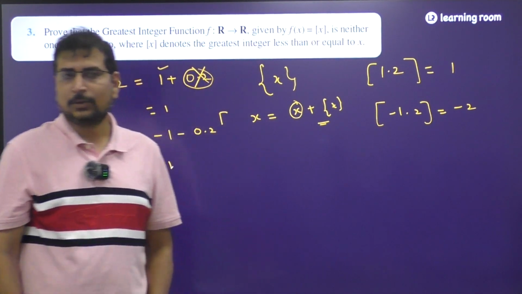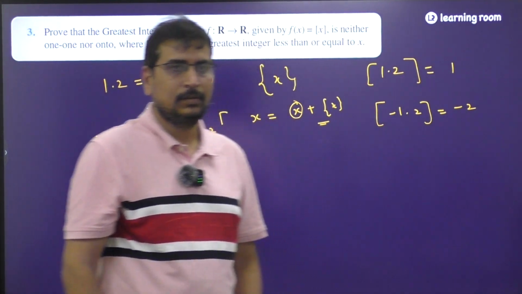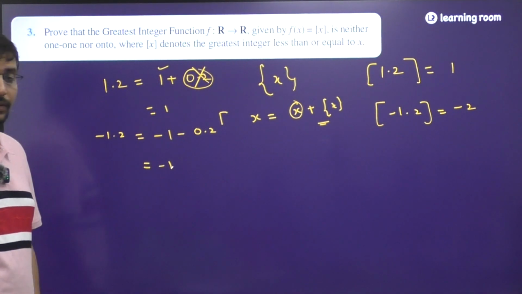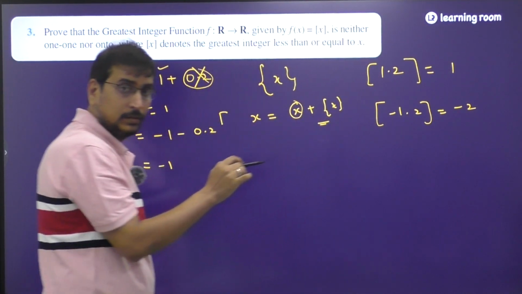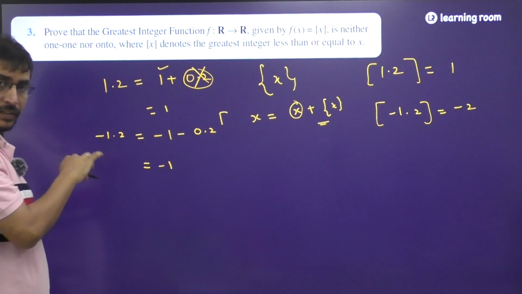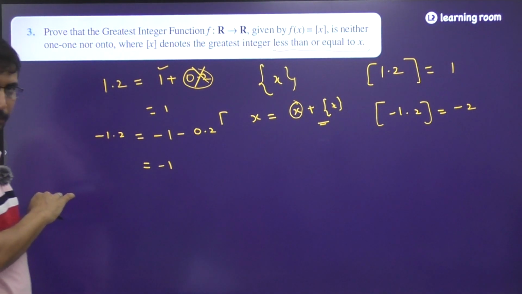You're still not confident in yourself. With what should it be compared? Greatest integer less than or equal to x, sir. Okay, so minus 1 is greater than minus 1.2. Is that what you're trying to say?